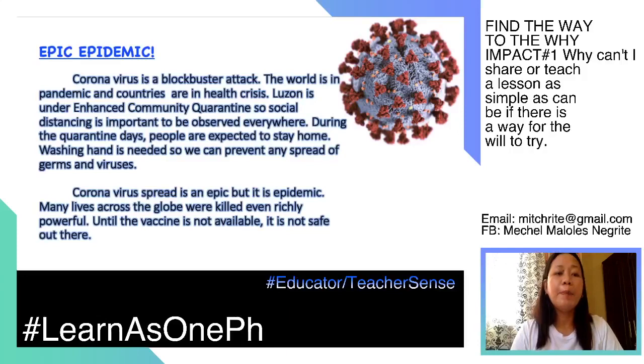Epic Epidemic. Coronavirus is a blockbuster attack. The world is in pandemic and countries are in health crisis. Luzon is under enhanced community quarantine. So social distancing is important to be observed everywhere. During the quarantine days, people are expected to stay home.